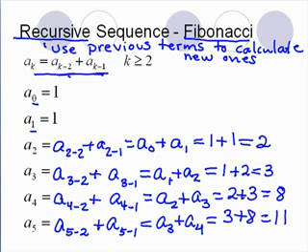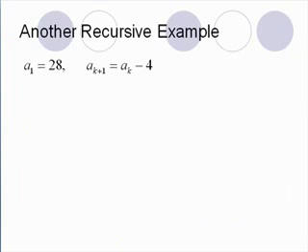And we could keep going and going, but I think you probably get the picture on the Fibonacci sequence. Let's take a look at another example of a recursive sequence. So we're given the formula a sub k plus 1 is equal to a sub k minus 4.